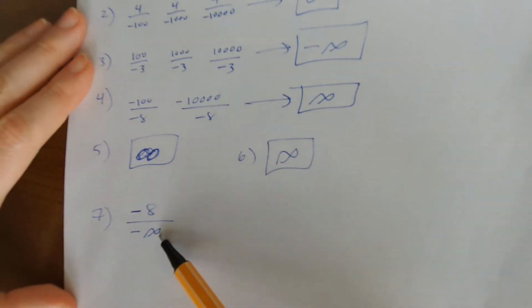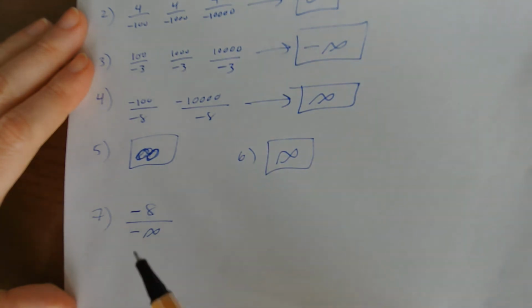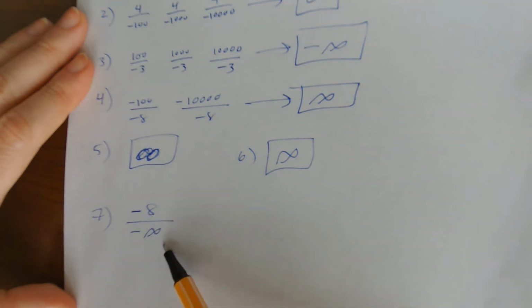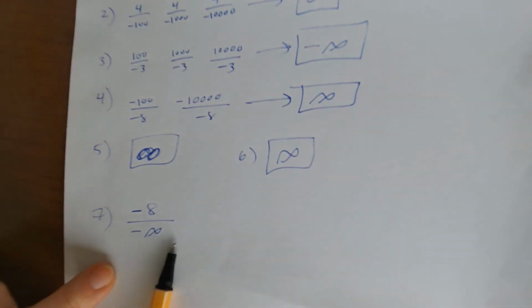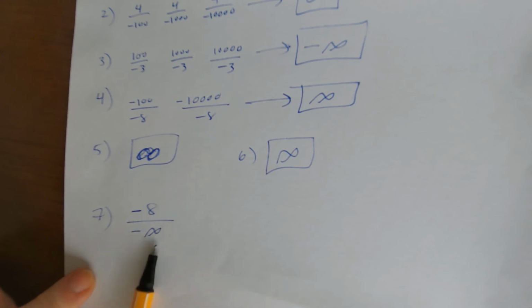It's similar to 4. It's just the reciprocal of number 4. You know a negative over negative is a positive, but that actually doesn't matter here because this is a case where the denominator is getting huge.